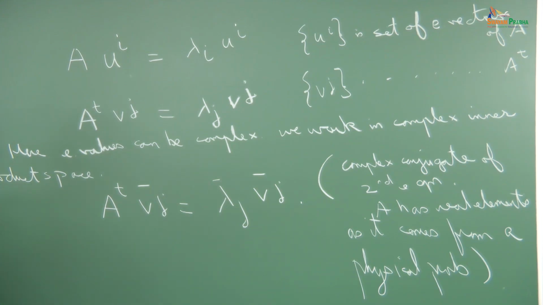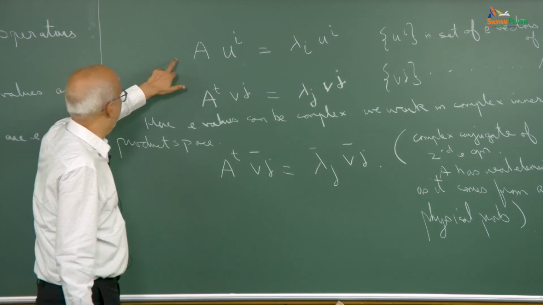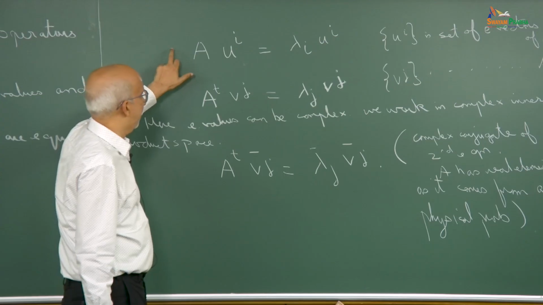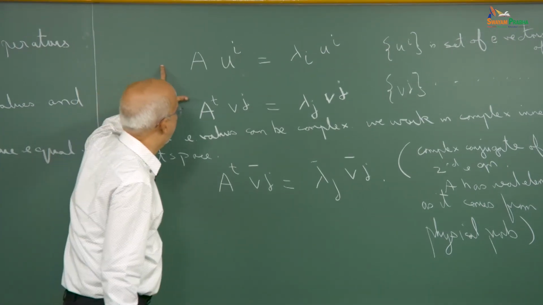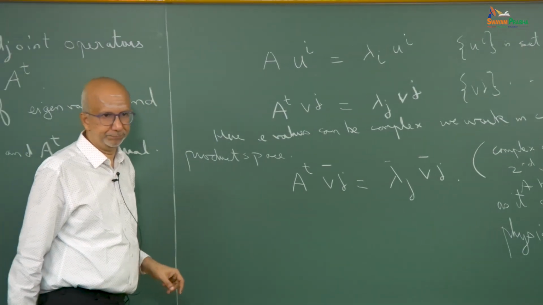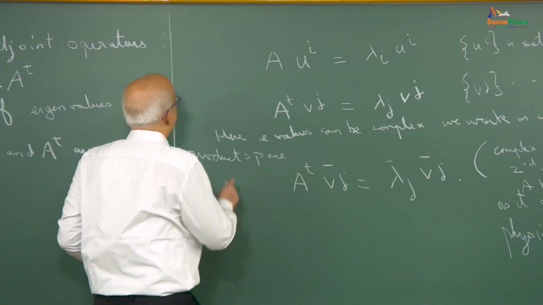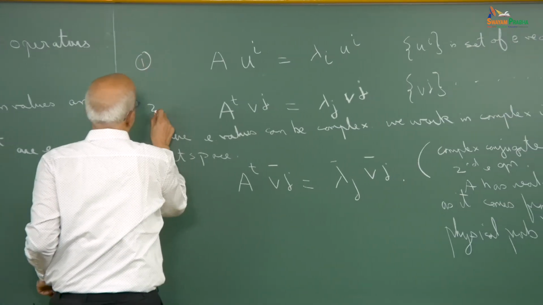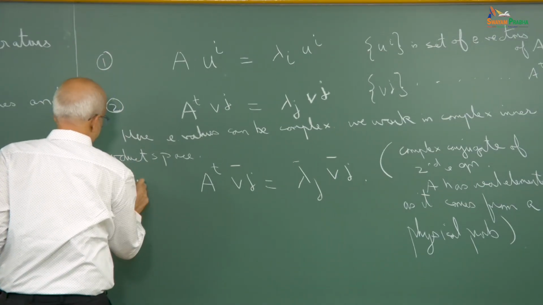What I am going to do now is take the inner product of this with Vj bar on the left and of this equation with ui on the right, okay. Let me call this equation 1, this equation 2, this equation 3.